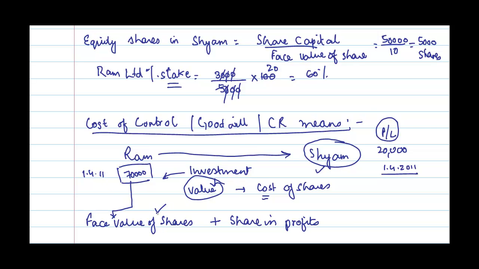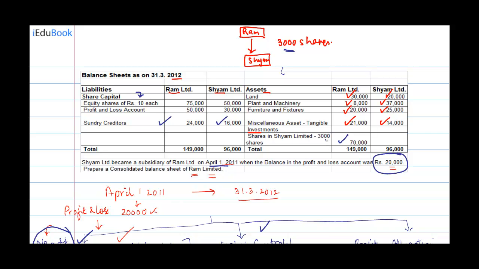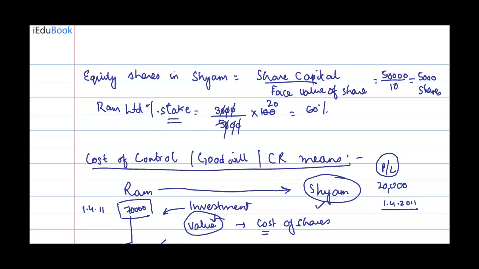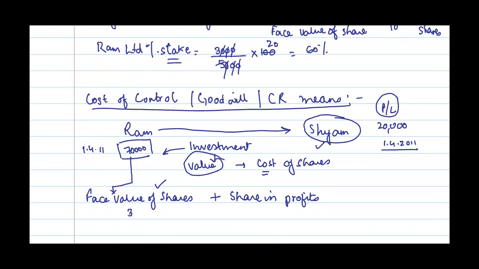How many shares did it buy? It bought 3,000 shares of rupees 10 each, so effectively it has got face value of shares as 30,000, plus it gets share in profits of Sham Limited, or as the case may be, if there is a loss, then the loss is also shared. But in the present case it is profit.